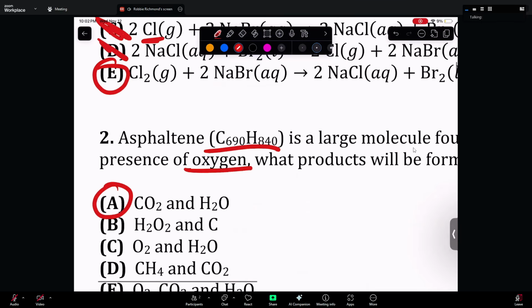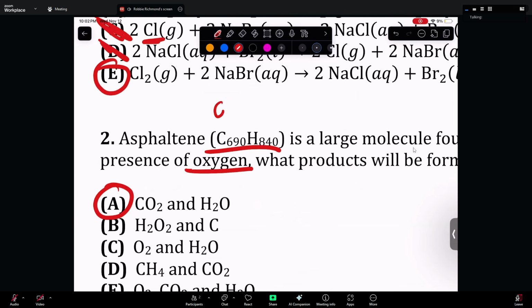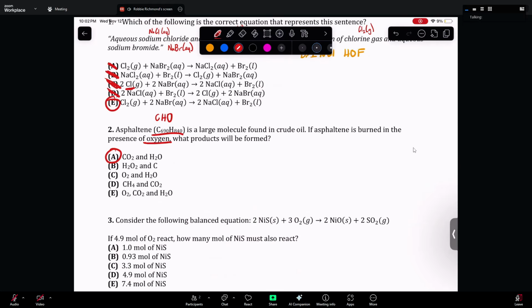And just a side note about combustion reactions, it's not only hydrocarbons, but it can also be some form of alcohol, like ethanol, butanol. Those kinds of molecules are also going to undergo combustion reactions.